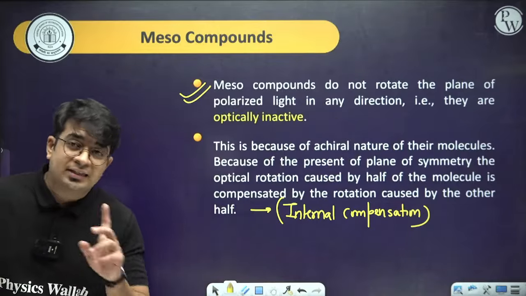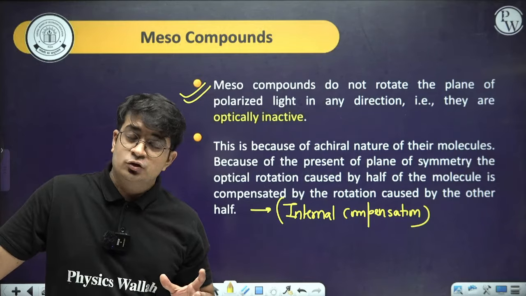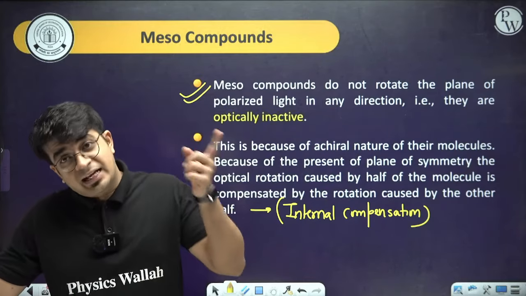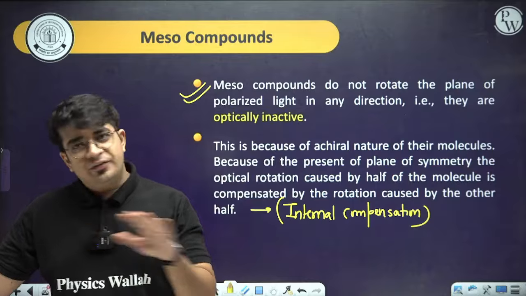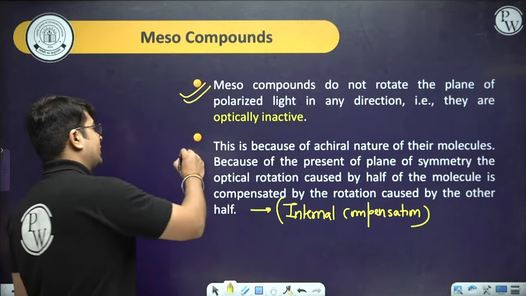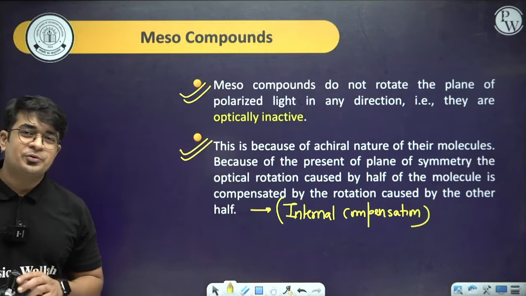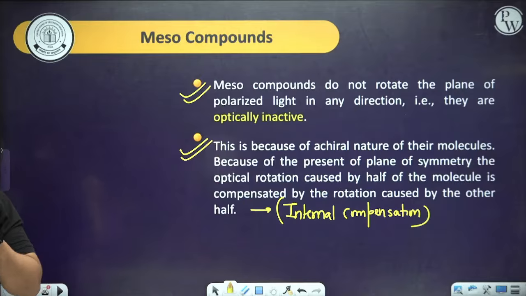So it's not necessary that if a molecule contains chiral carbons, it is optically active. If it has an internal plane of symmetry, it is definitely optically inactive. I hope this entire part is clear. This is the basic idea about meso compounds.